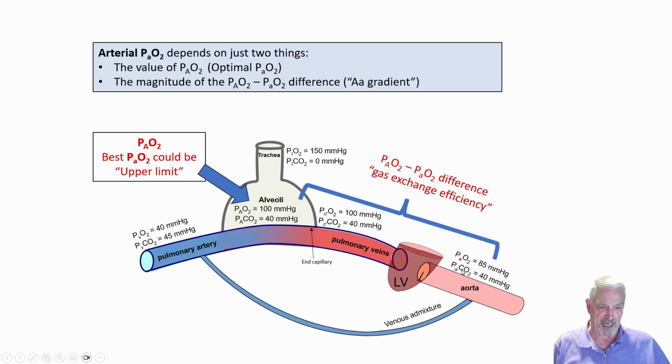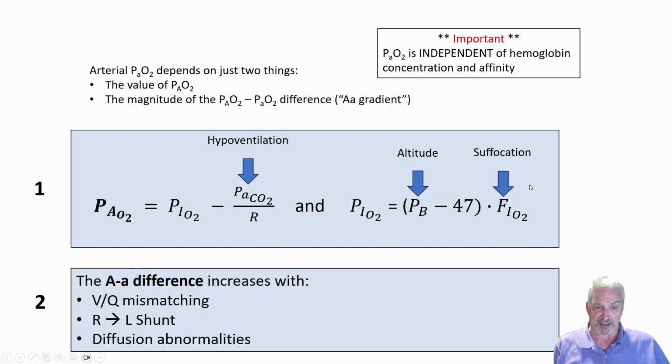So you'll get an AA difference if the gas exchange surfaces aren't working well, and by that we mean largely VQ mismatching, right to left shunt, and diffusion abnormalities.